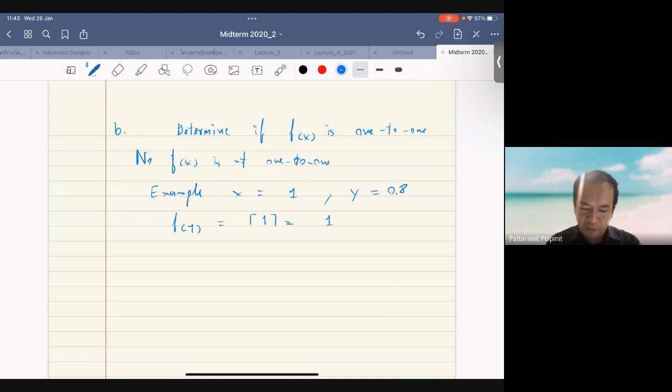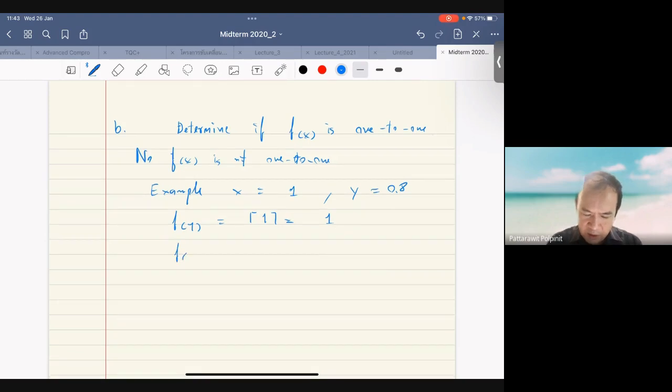It's 1, right? So f of 1 is equal to 1, and f of 0.8 is the ceiling of 0.8. What is the smallest integer that is greater than or equal to 0.8? Basically it's 1. So f of 1 is equal to f of 0.8.